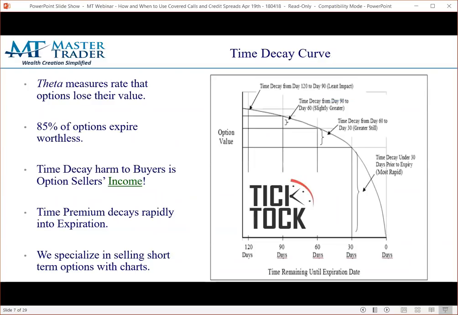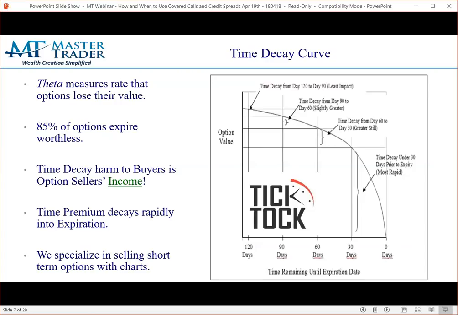What is this curve? We call it a time decay curve. So on the last slide, we said that call buyers, when they buy these options, they're paying money for that right to buy something. So the money that they're paying depreciates over time into expiration. And that's what this time decay curve is.